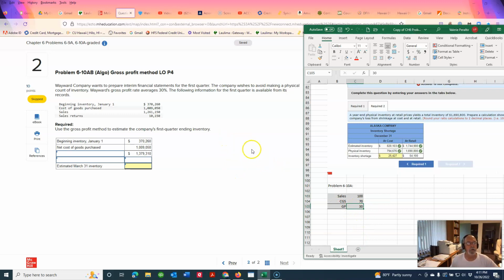Okay, so this is our base assumption with respect to sales, cost of goods sold, and gross profit. So the following information for the first quarter is available from its records. We have beginning inventory, January 1, and we have cost of goods purchased.